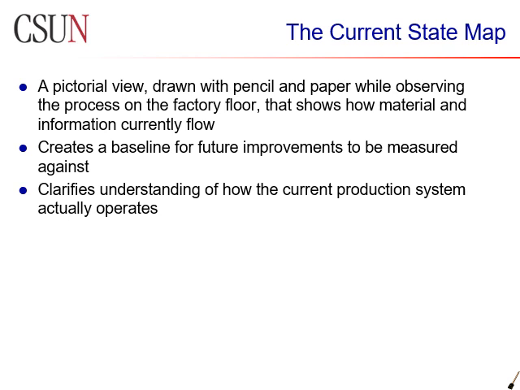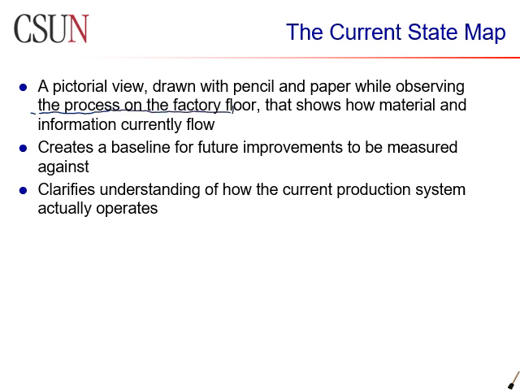So the first step is to draw the current state. The current state map, once again, is a picture drawn with pencil and paper while observing the process on the factory floor. So we don't rely on whatever is told to us.